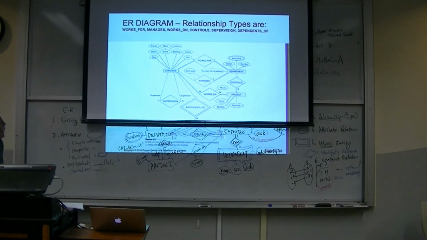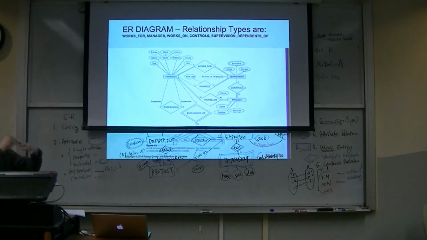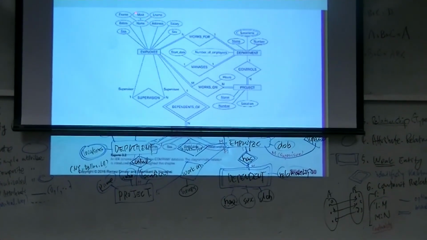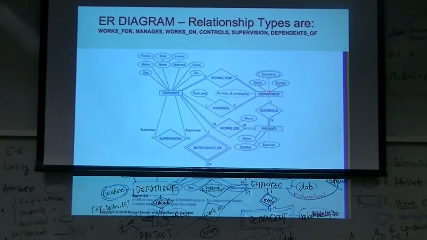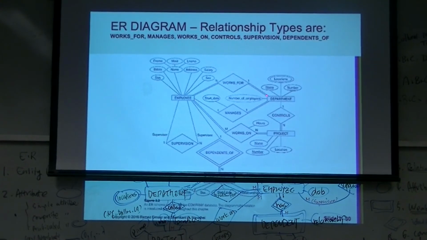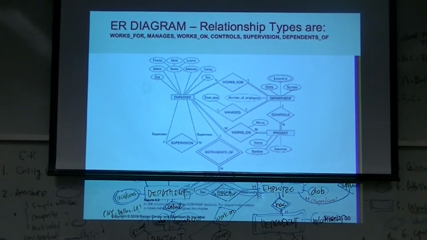So we have the employee and their attributes. Name is composite. The designer decided name can be separated, like first name, middle initial, last name, so it's a composite attribute. And the department: works for, in this case, is one-to-many, but what does the double line mean? Mandatory participation. This designer believes a department should have at least one employee. Why? Manager: at least one manager employee.